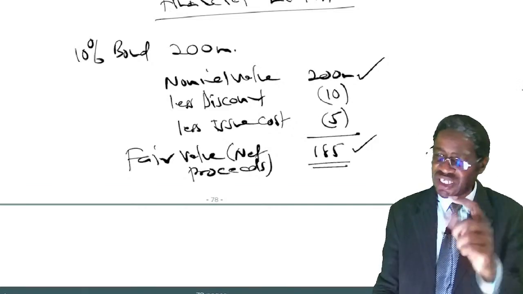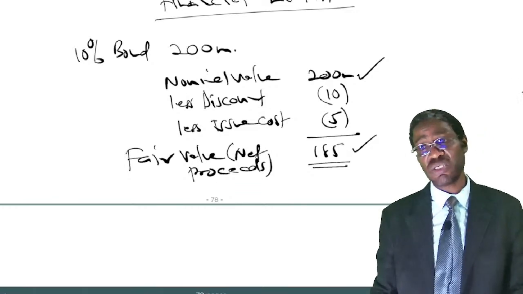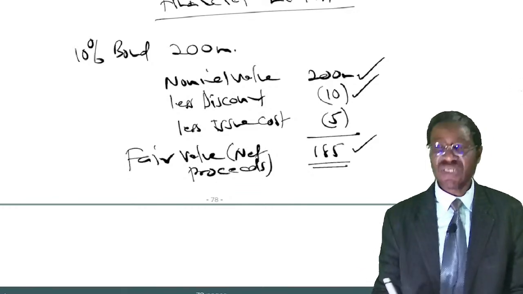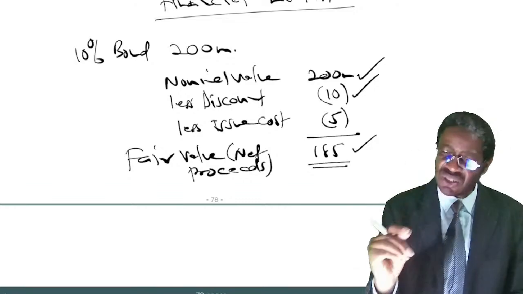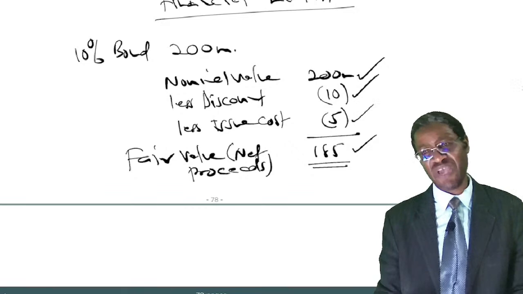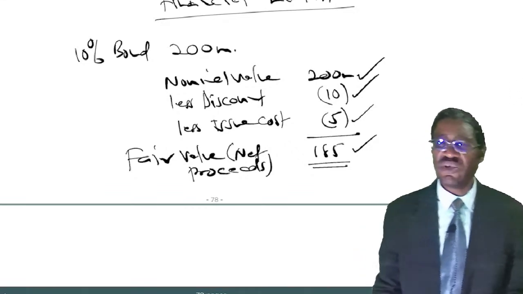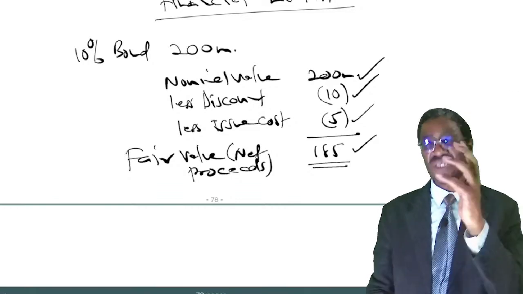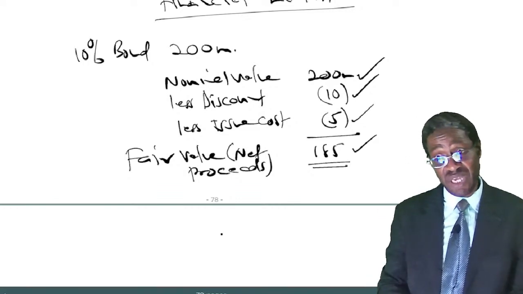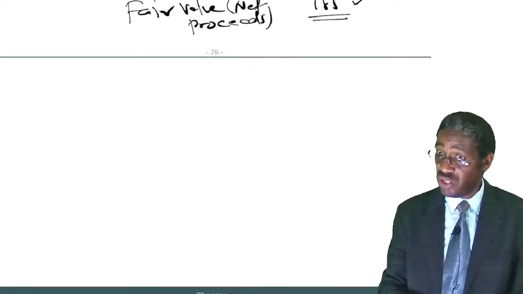The company that issued it was issuing it at a discount of 10 million, and they had to raise these finances. They had to incur some issue cost, which is 5 million. So effectively, I told you they received 185 million. That is the fair value on initial recognition.